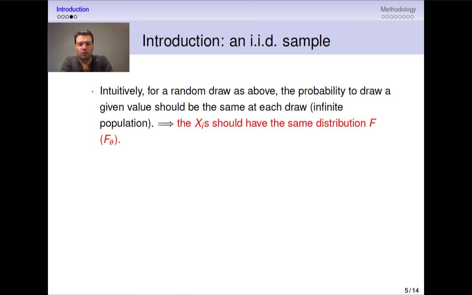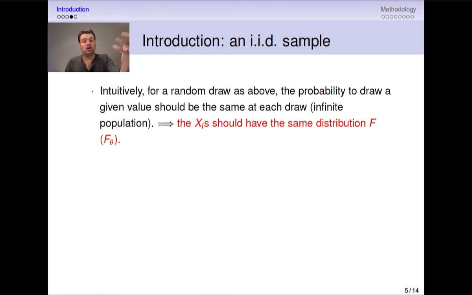But in an infinite population, if we go to the second row, intuitively we should have the same probability to pick a woman or to pick a man. At the third row, whatever we got for the first two rows, we should also have the same probability to pick a woman, because the population is infinite.